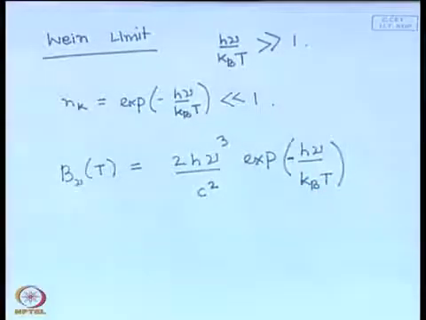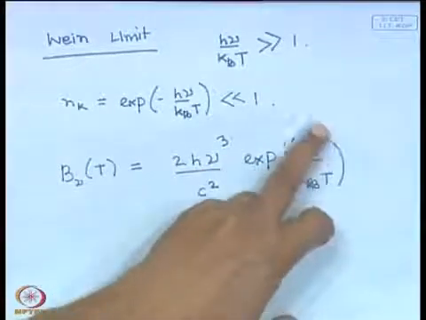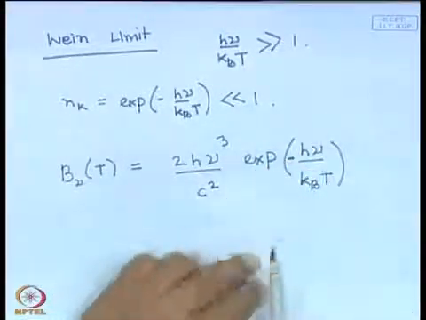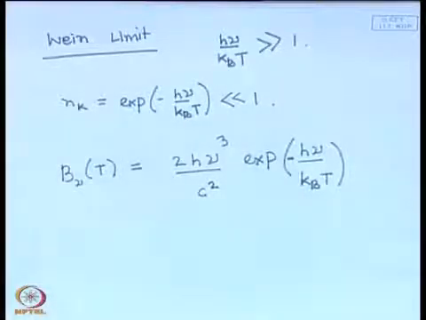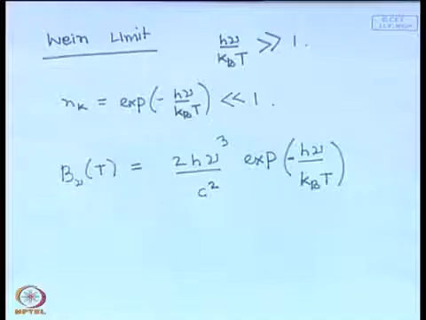So, there is an exponential cutoff. This function falls off rapidly because of this exponential. So, at a fixed temperature, if you increase the frequency, this function falls off rapidly.